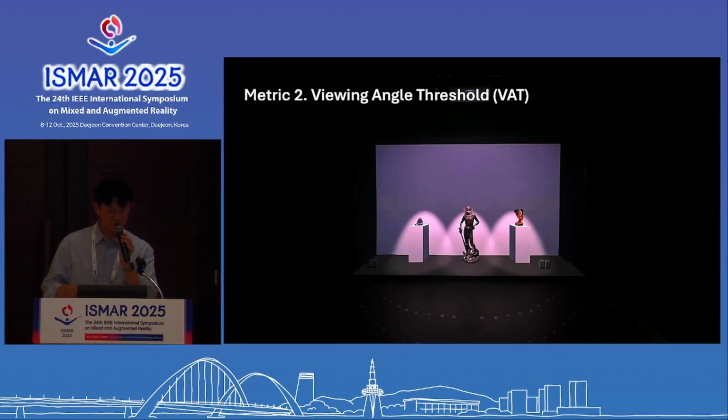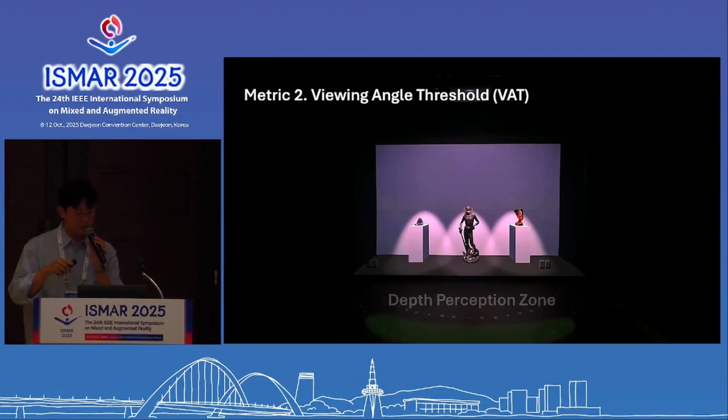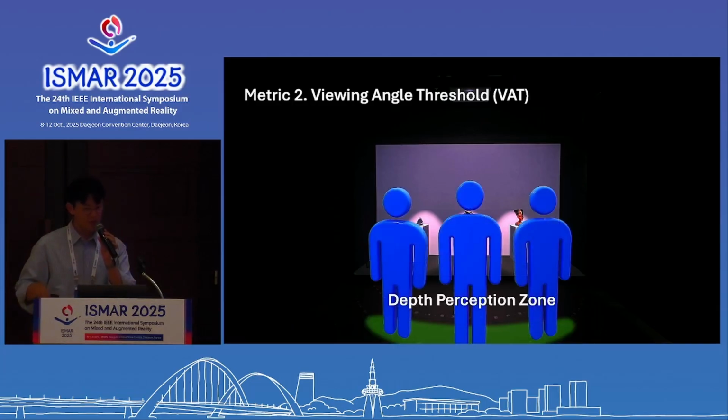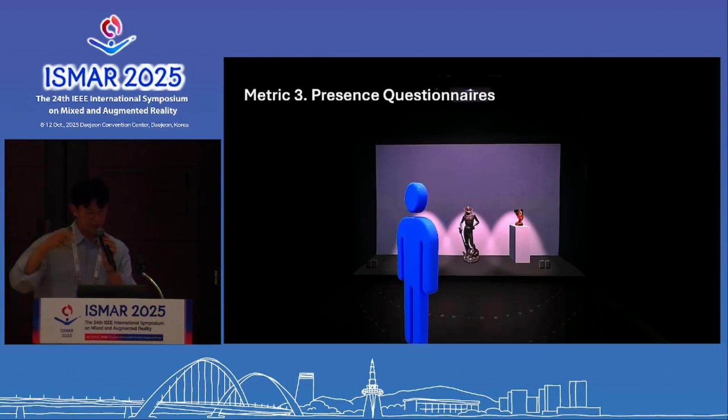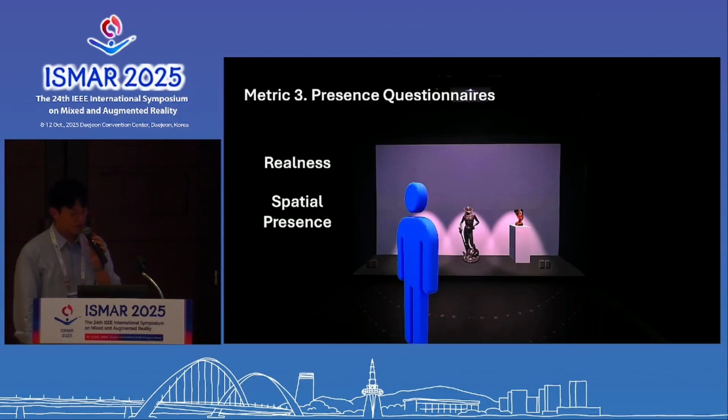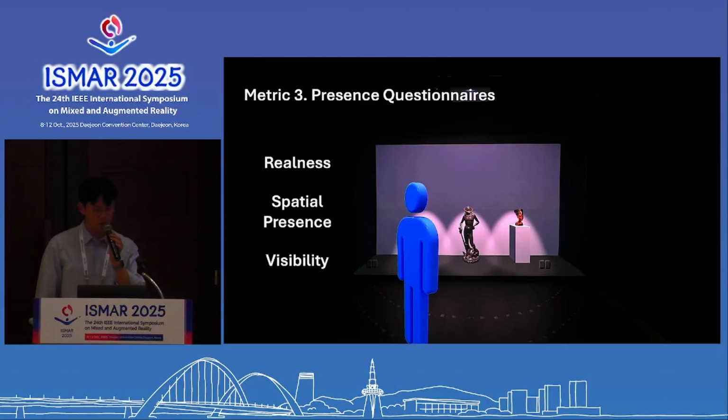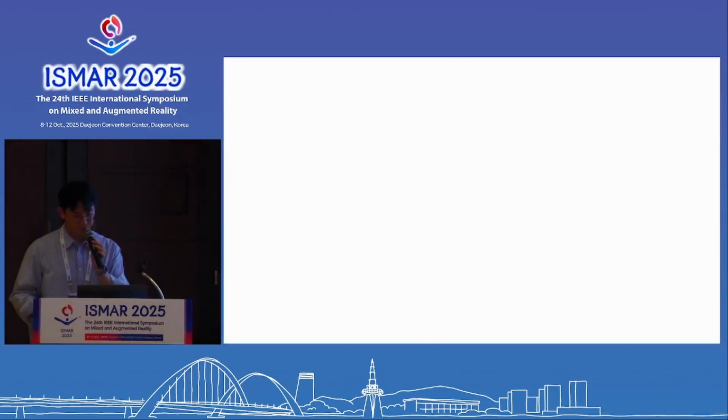Through this, we can distinguish the depth perception zone through this angle, which means people in this zone can perceive depth through a single image on a wall display. After all this repetition, they're asked to answer the realness, spatial presence, and visibility questionnaire. So this is the whole loop of how I conducted this user study.